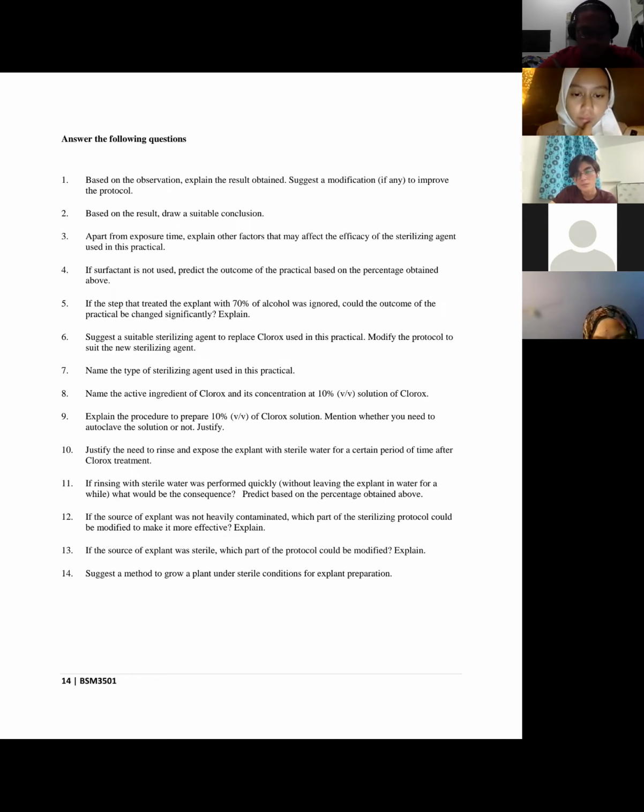Then, extra info, make sure to use cold water, as using hot water to dilute the solution will decompose the active ingredient of the bleach, making the solution ineffective.